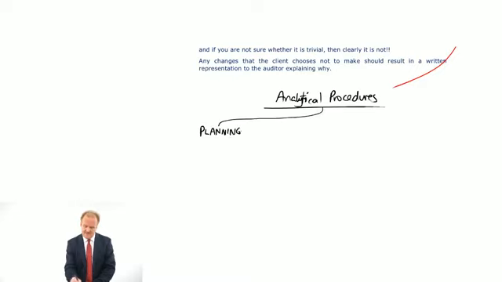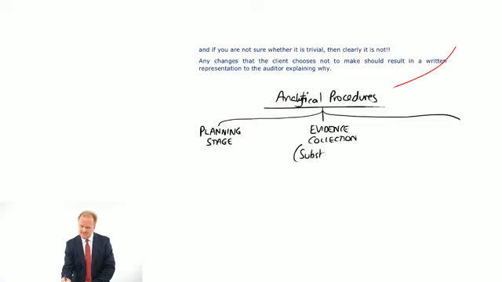They're done at the planning stage, they might be done as part of evidence collection. That's substantive testing, by the way. And as we're seeing now, they're done at the end of the audit.